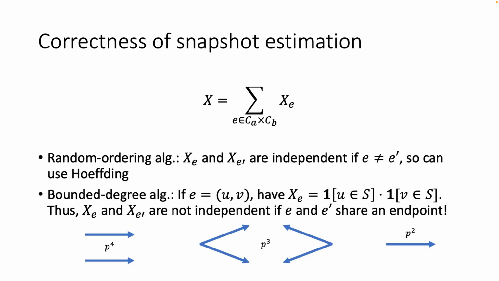That's the tricky case to think about. There are only three events that determine whether these two edges will jointly show up: that their shared endpoint is sampled, and then that each of their individual endpoints is sampled. So the events that this edge shows up and that this edge shows up are no longer independent.